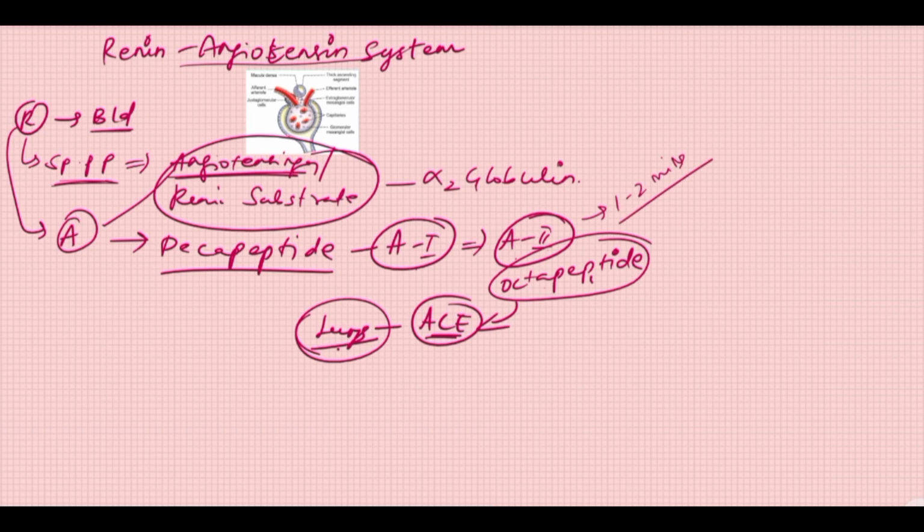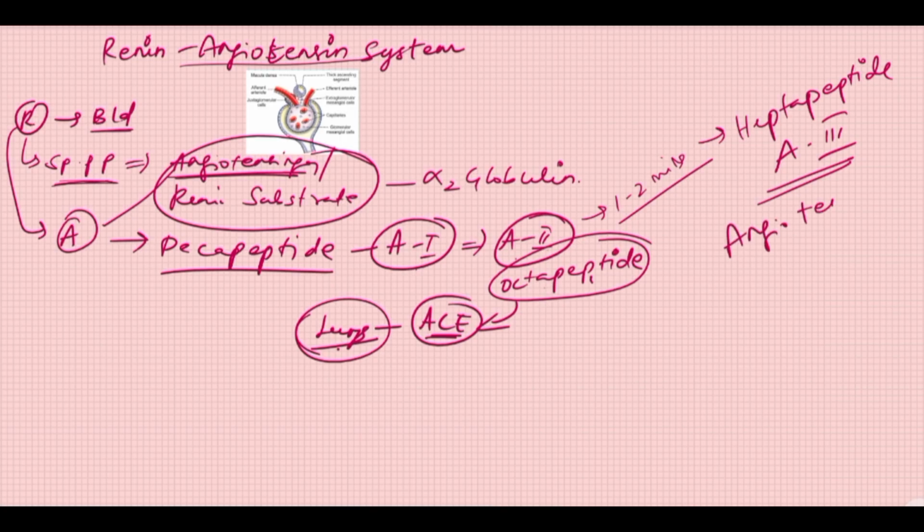So it degrades into the heptapeptide, which is the angiotensin 3, by the angiotensinase present in the RBCs and vascular beds in the tissues.